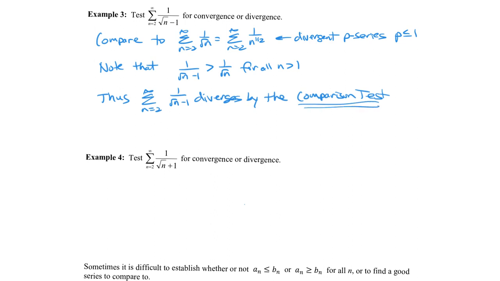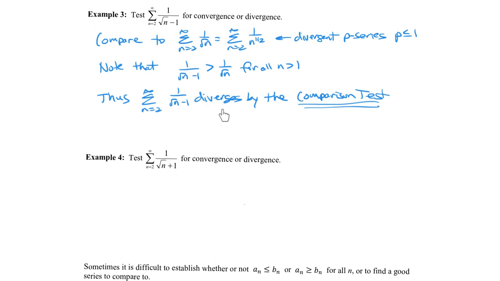Notice something about this. When we do these tests for convergence or divergence, we need to mention the test we're using. I'm using the comparison test. And if I'm going to use a comparison test, I need to mention the series I'm comparing it to and tell what I know about that series. So I'm doing a comparison test. My conclusion is our series diverges.